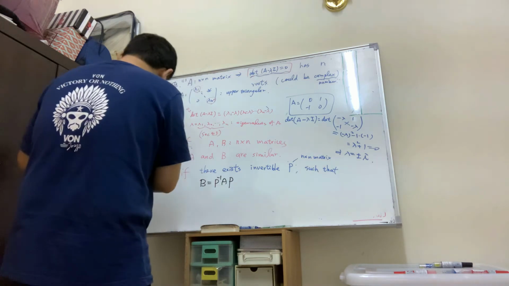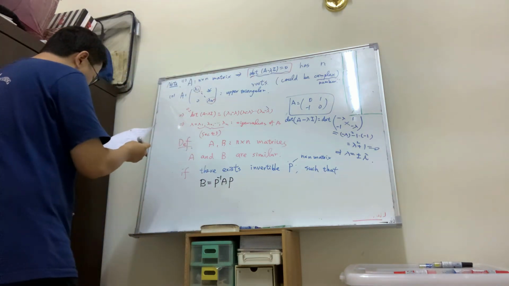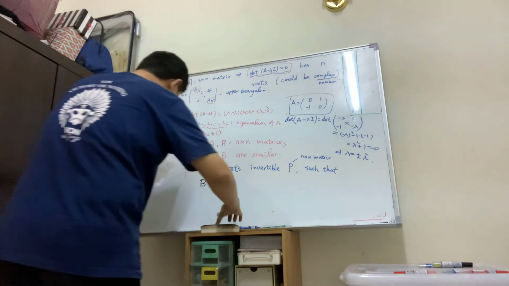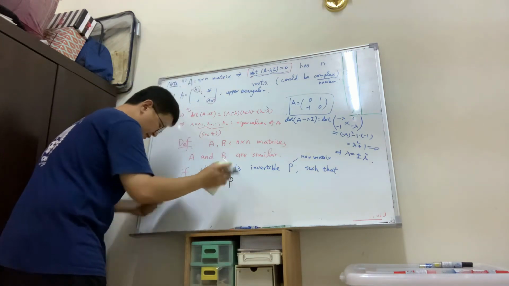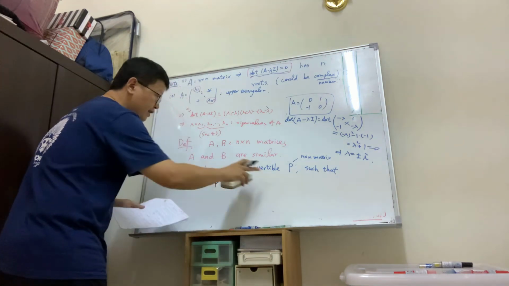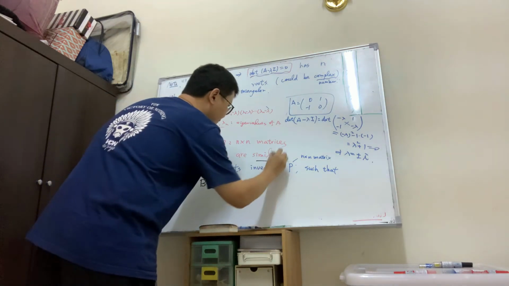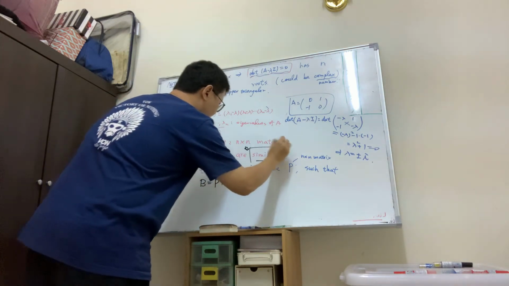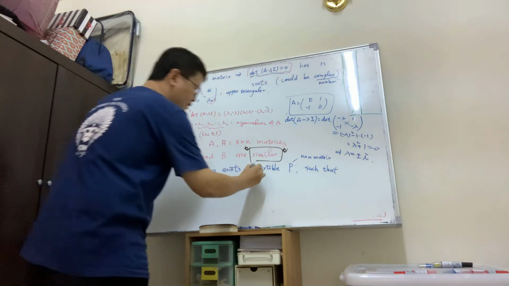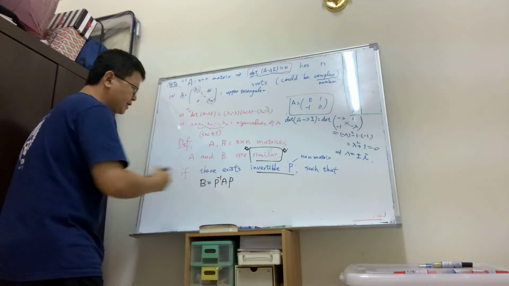It's an important concept. In the next section, section 6.3, we will focus on this part. We will talk about similarity. Similar means that we could find some invertible matrix P such that B equals P inverse AP.